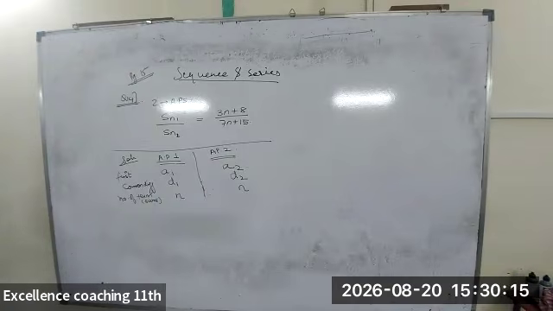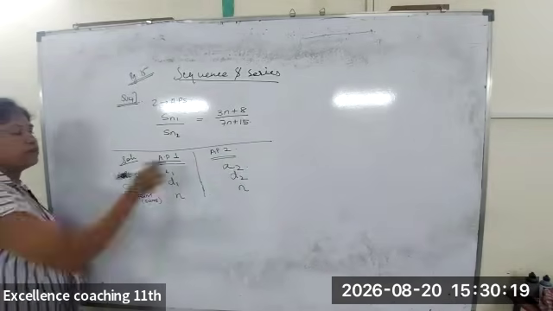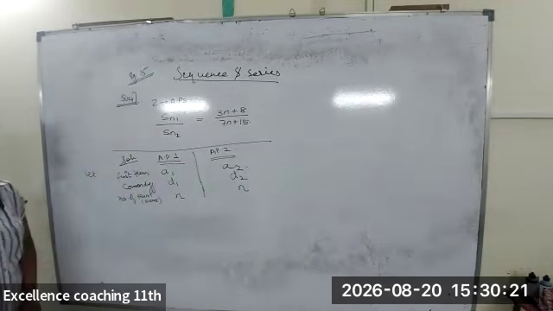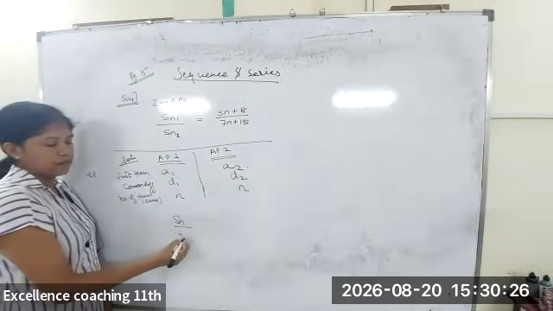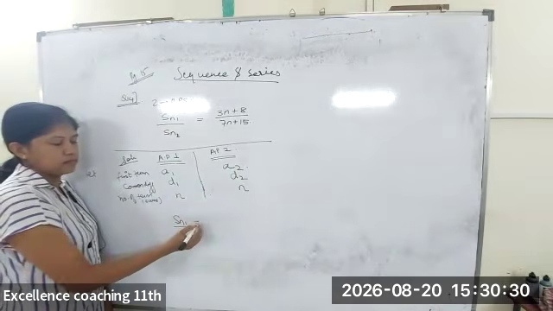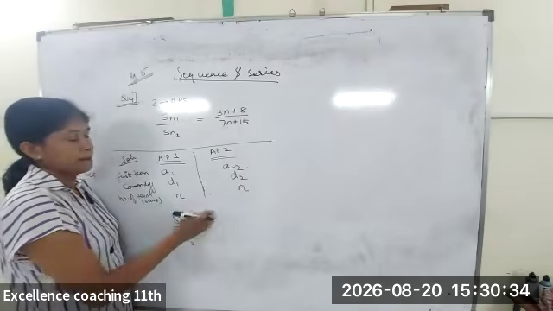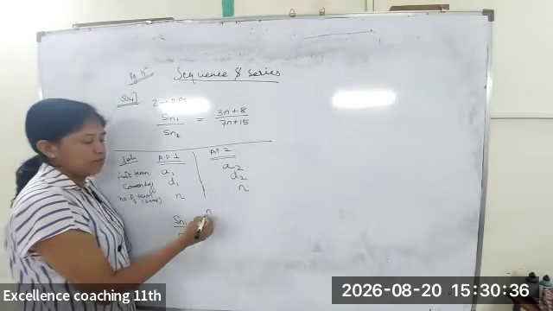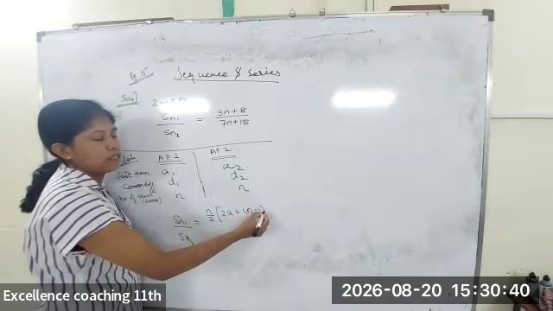Okay. So these are the details. First term, let this be A1. So these are the details which we are assuming. Now let us start with the sum formula. And what is the sum formula? n by 2, 2a plus (n minus 1)d.